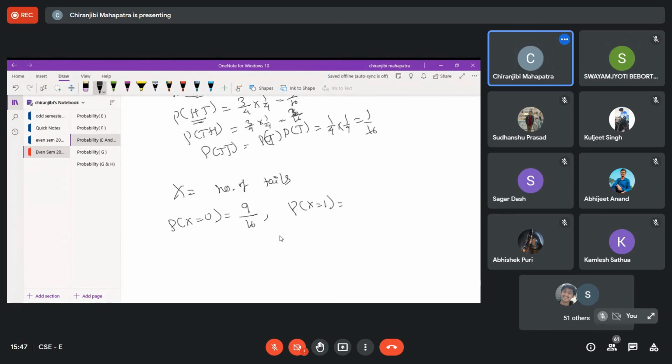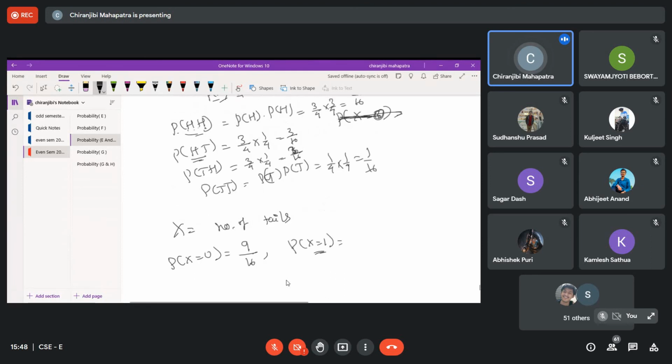Look carefully. Will x equals 1 be 3/16 plus 1/16? So this is basically when x equals 1, which means only one tail that you got.